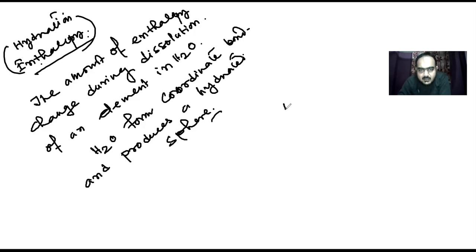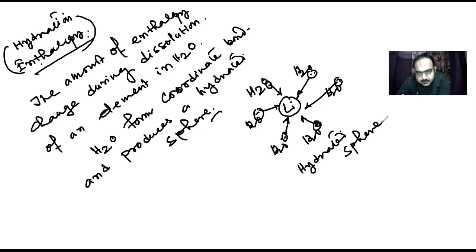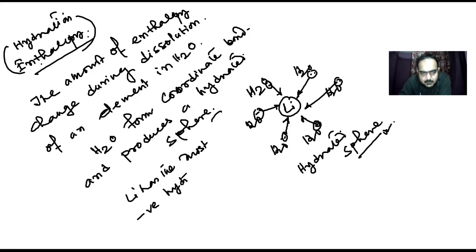How is this possible? Lithium has a smaller size. H2O forms bonds with it. You can see this is a hydrated sphere. Lithium has the most negative hydration enthalpy.